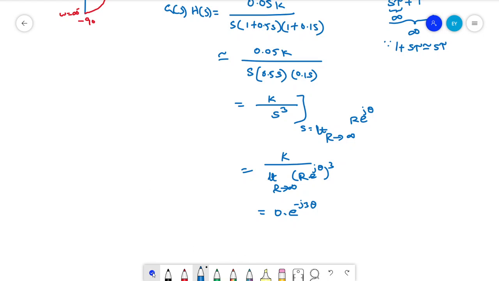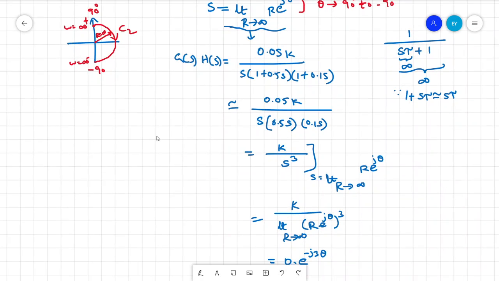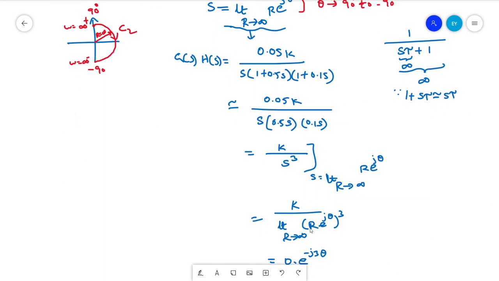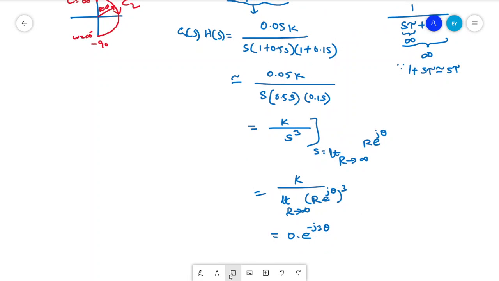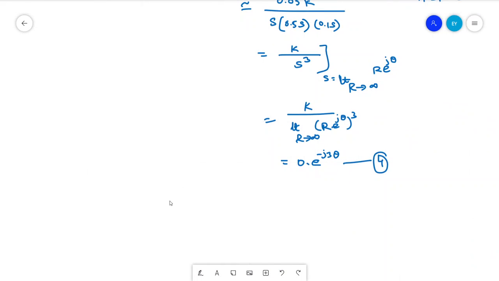So here for the function which is varying from 90 to minus 90, therefore theta should be substituted here, whatever theta is there. This 3 theta will be substituted for different theta, means for theta equal to 90 and minus 90.